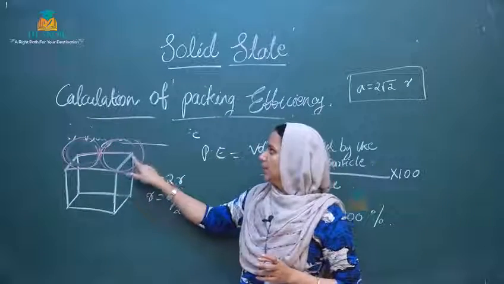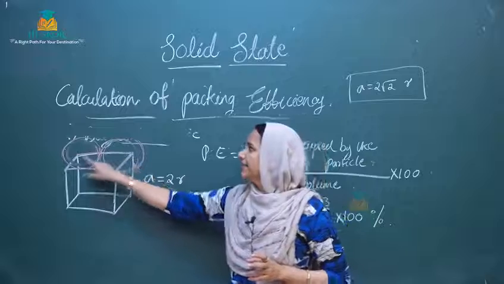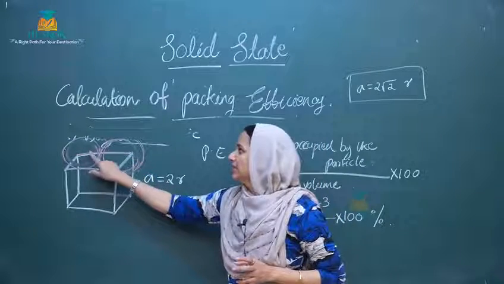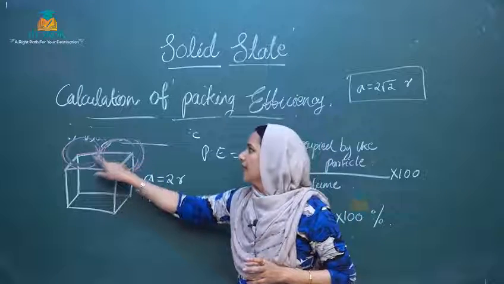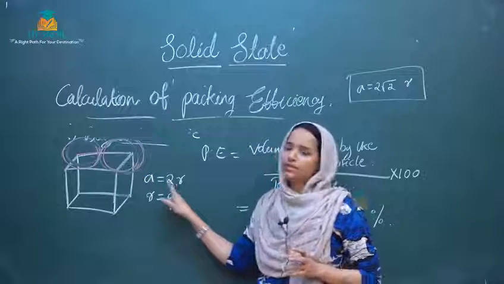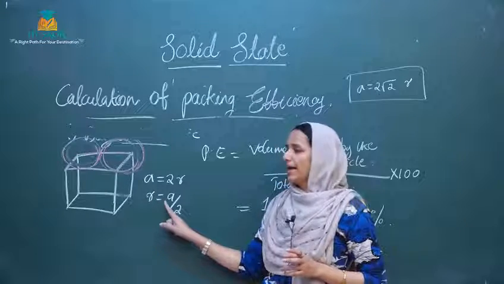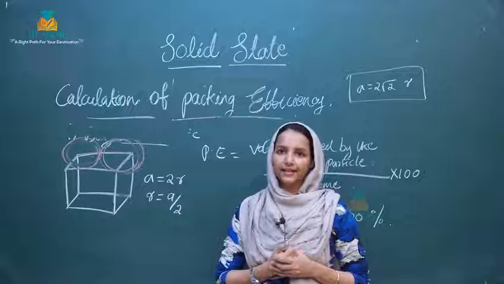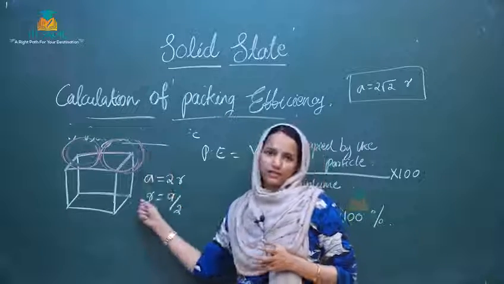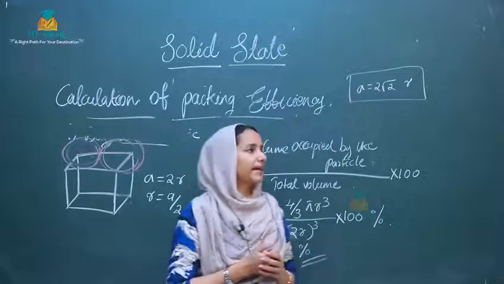By seeing it you can make out that the edge length a will be half of this sphere plus half of this sphere, so r plus r, 2r. So simply you can write a is equal to 2r, or r is equal to a by 2. This is the relation connecting the radius r and edge length a in simple cubic structure. Now we have to calculate the packing efficiency.